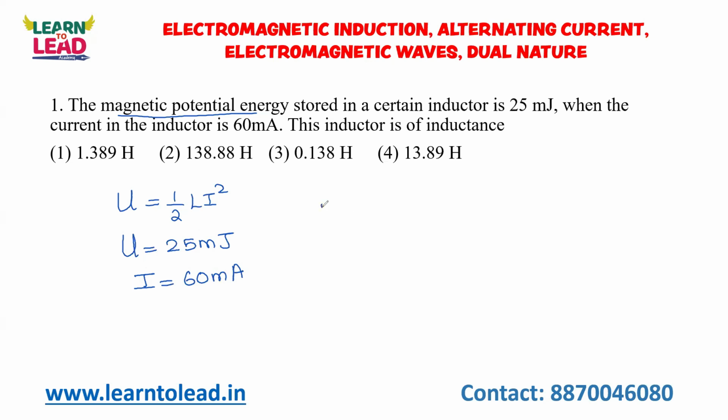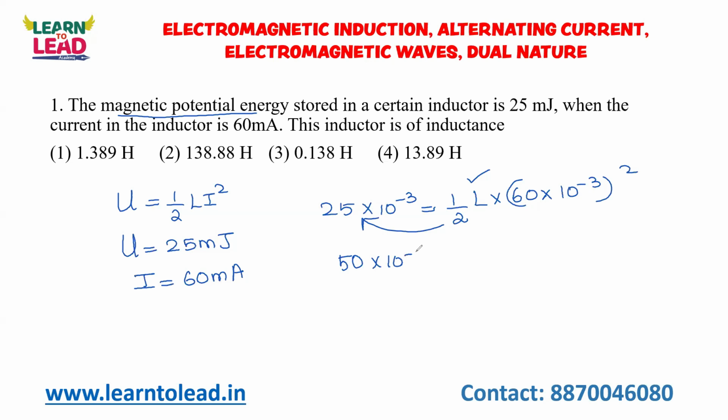So 25 millijoules, you can take it as 25 into 10 to the power minus 3, is equal to half into L into I squared, which is 60 into 10 to the power minus 3 squared. Now you should find the value of inductance. When 2 comes to this side, it becomes 50 into 10 to the power minus 3 divided by 60 squared, which is 3600, into 10 to the power minus 6.